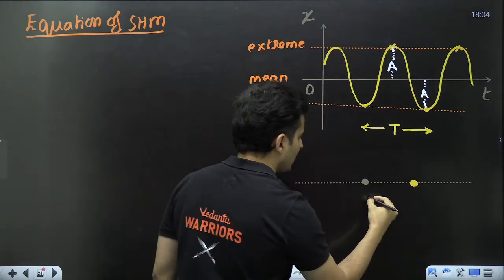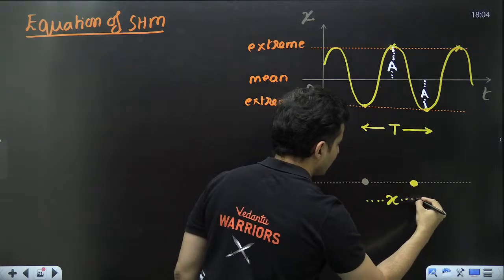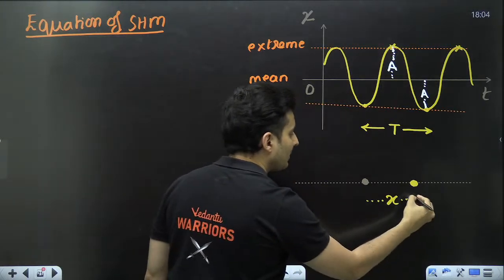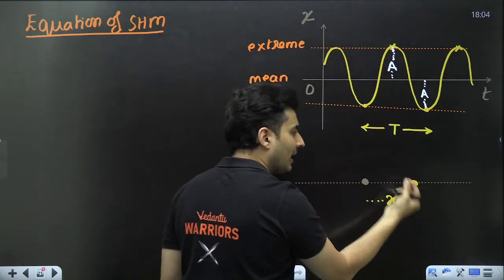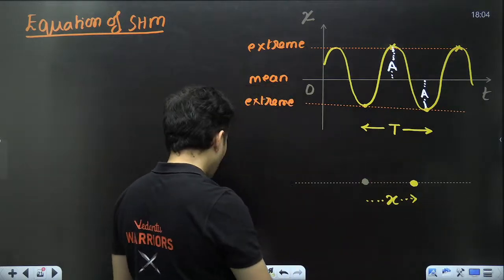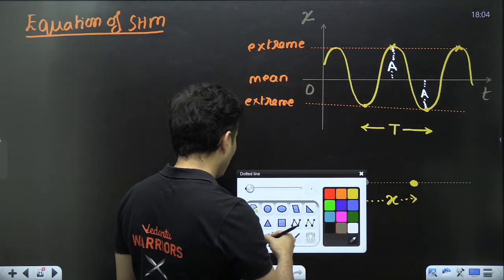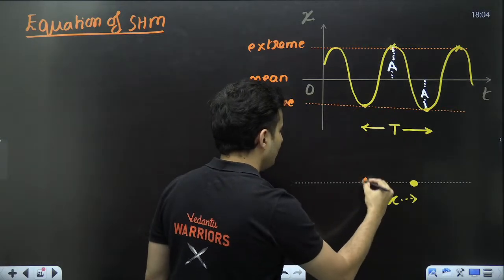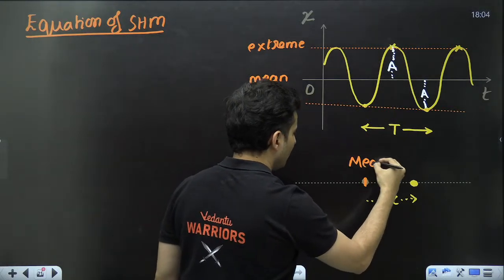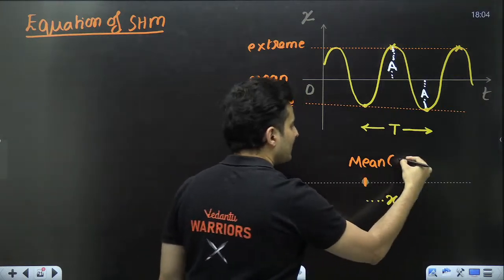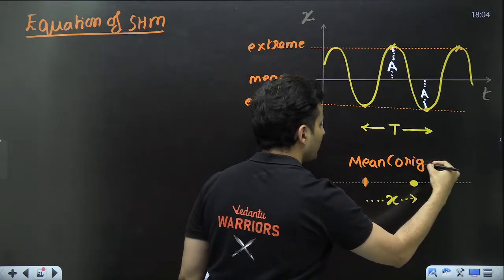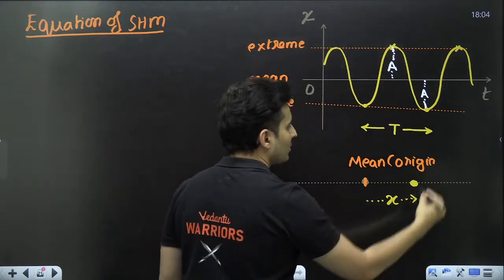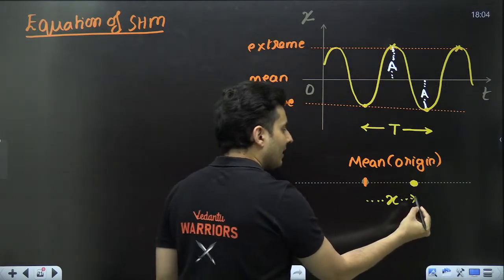Let's say this is your x value, that means the x position, the current location of the particle. You can also call this your mean position, where it is basically originating, so it is also the origin. Right now it is here.